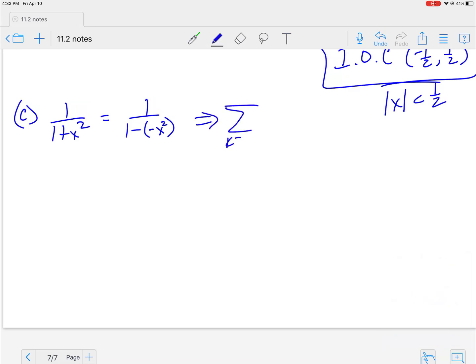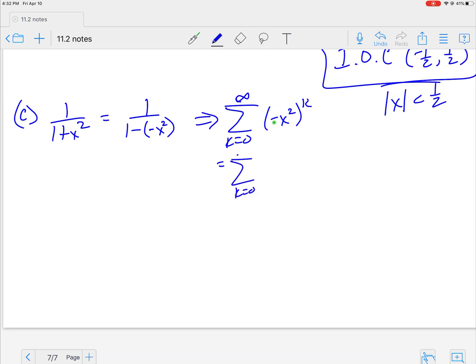So this tells me that if that is my input, I'm going from 0 to infinity now of this negative x squared to the k. Now here's your tip. Anytime you have a negative inside this symbol, you want to pull that out to make it look like an alternating series.